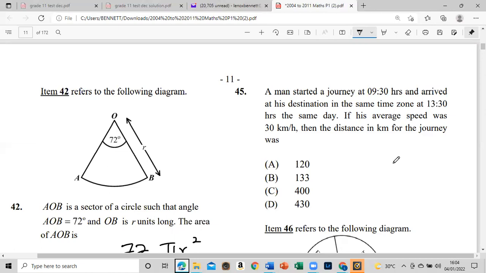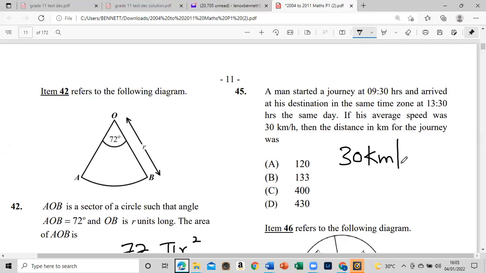From 9:30 to 10:30, that's 1 hour. 10:30 to 11:30, that's 2 hours. 12:30, so 4 hours. And I'm going to move at an average speed of 30, so it's 30 times 4. It will be 120.